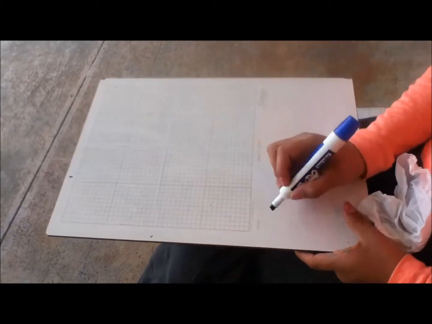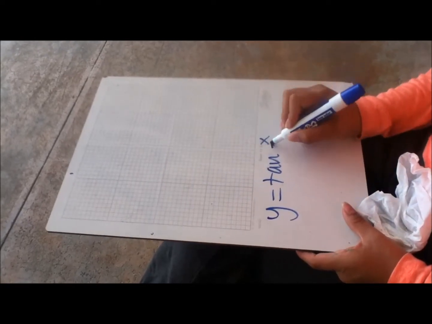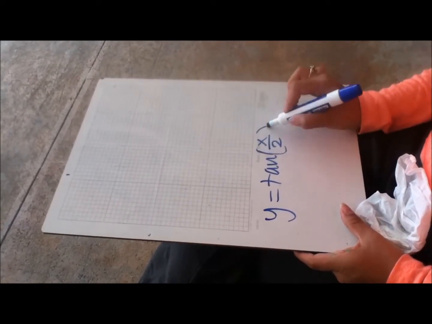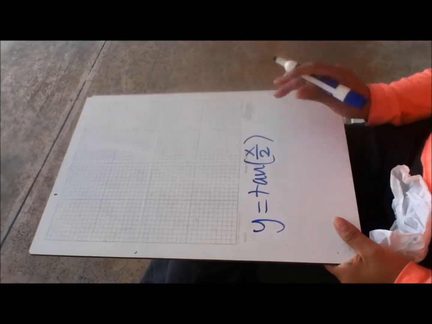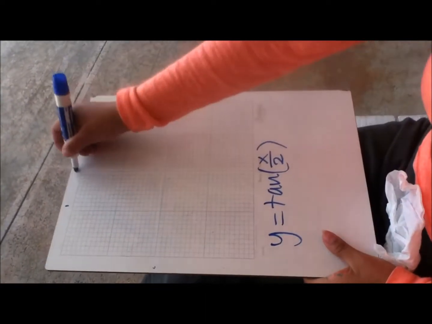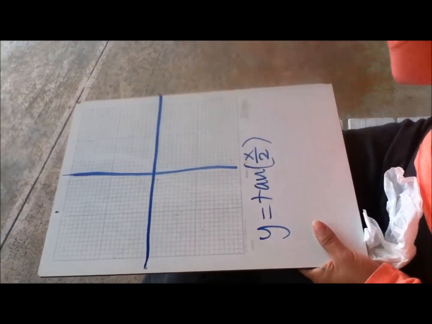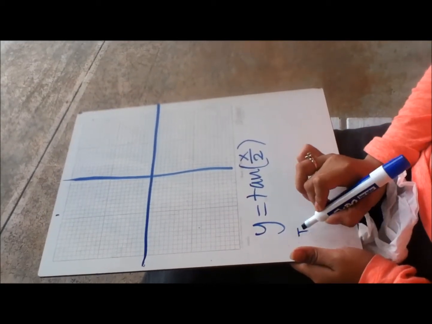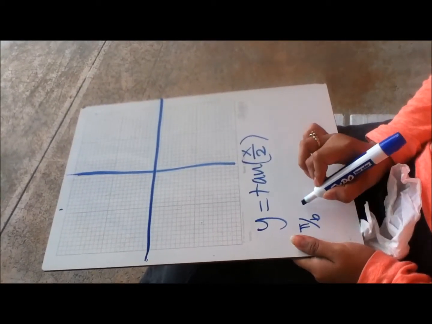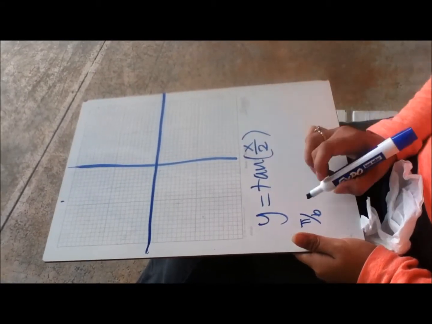So now we will be changing the equation and we will graph y equals tan x over 2. In this case, the only thing that has changed is the period. So to graph that, first we must solve for the period, which is pi over b. And in this case, the number in front of the x is 1.